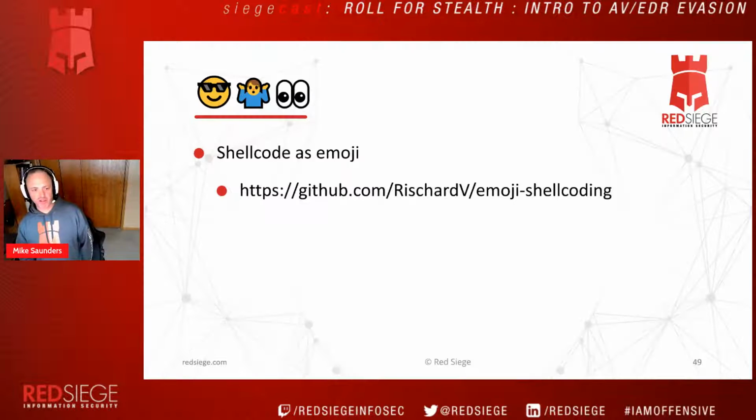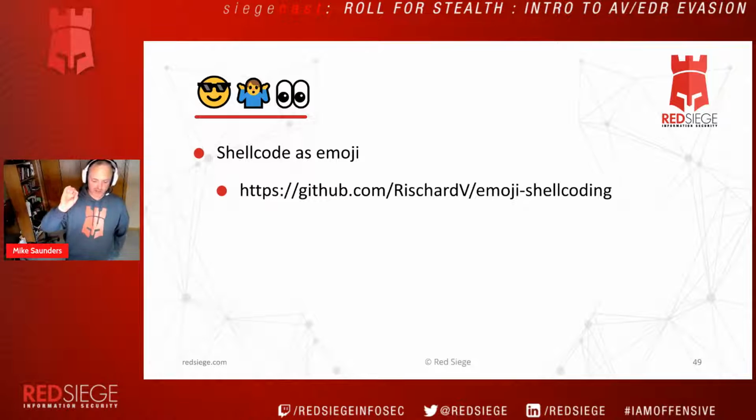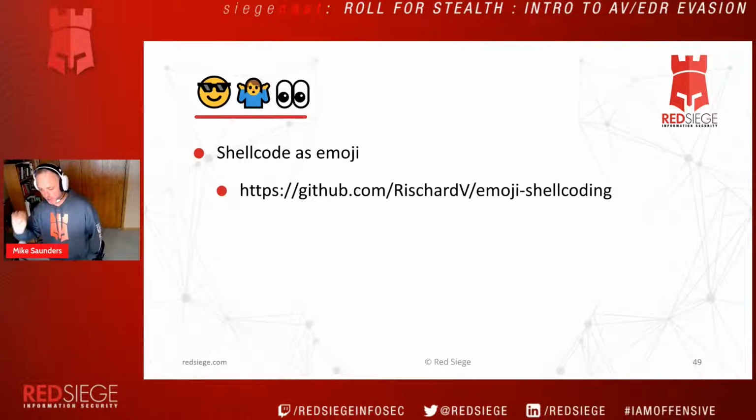A couple other things. I will say that I'm not the only person that has come up with this idea. I'm just the first person who's written it publicly that I could tell. I couldn't find any other public examples of this at the time that I did it. Sometime later, I heard about a talk at DEF CON this year using emoji as shellcode. So translating your shellcode bytes into emoji.